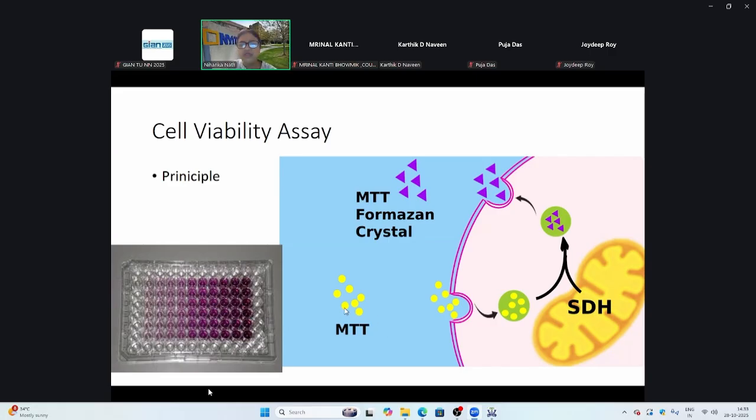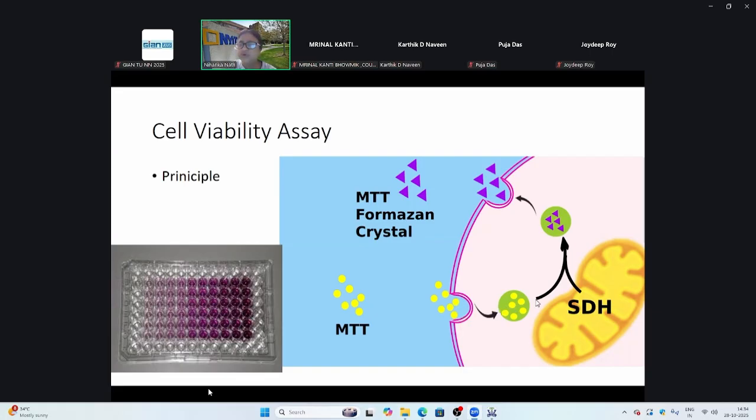So MTT is a reagent, and you don't need to know the full name of this reagent. It's a chromogenic substrate, and it is added to the cells and taken up. You see how the membrane is caving in; this simply allows the MTT to go inside.